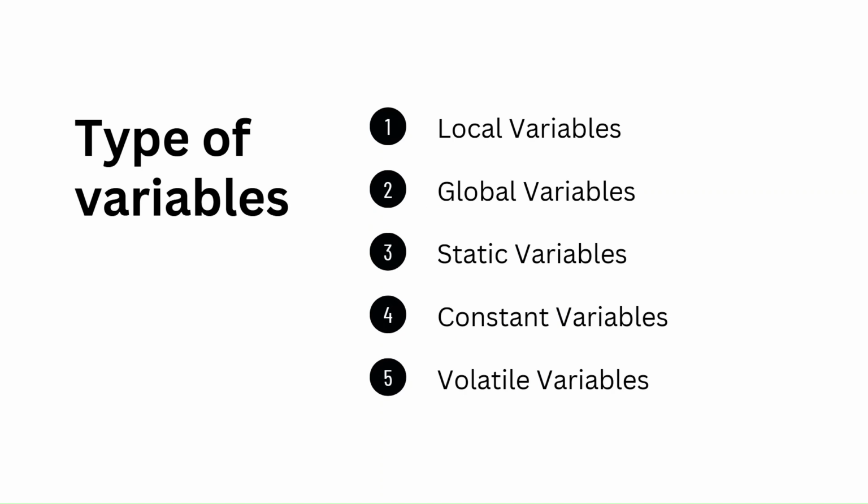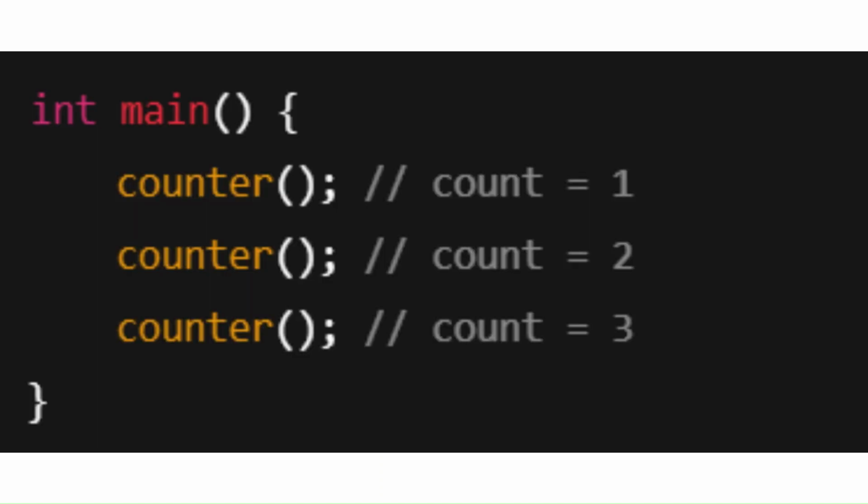Let's see here how it behaves when called multiple times. We write here int main. We declared the main function here and we called counter 3 times.